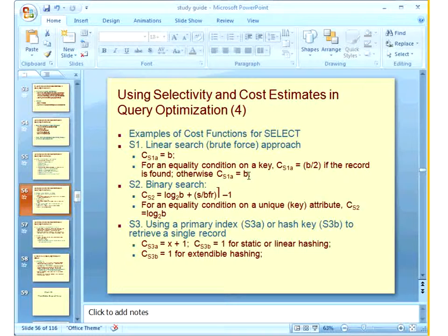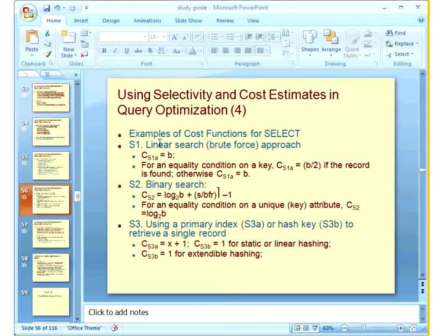No, we are calculating the cost. As I said, the cost components include the cost to access secondary storage, the storage space it takes up, how much time, and the communication cost as well.